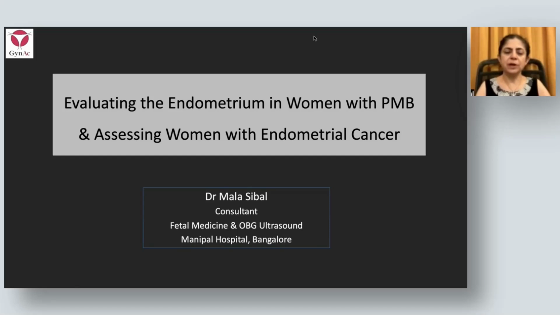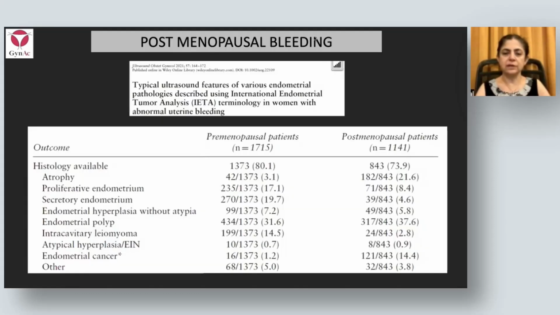Hello everyone, I'm Dr. Mala Sibal and I'm going to be talking on evaluating the endometrium in women with postmenopausal bleeding and assessing them for endometrial cancer. This was a very interesting article, a part of the IETA study, which showed us the various histopathologies seen in both pre- and postmenopausal women with abnormal uterine bleeding.